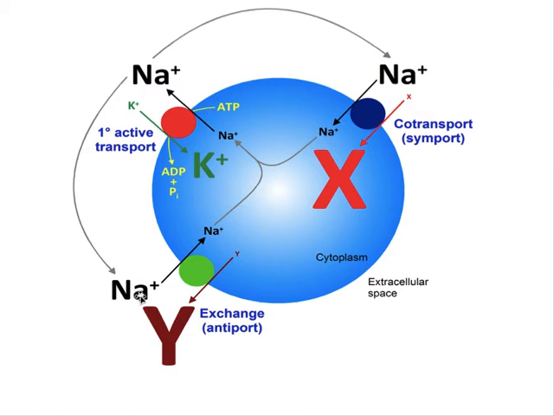Because the transport of these two substances which are being transported by the carrier protein is taking place in the opposite direction. Sodium is going inside while the other substance is getting out of the cell. So this is called counter transport, and the carrier protein which is used for this kind of transport is called an antiport protein.